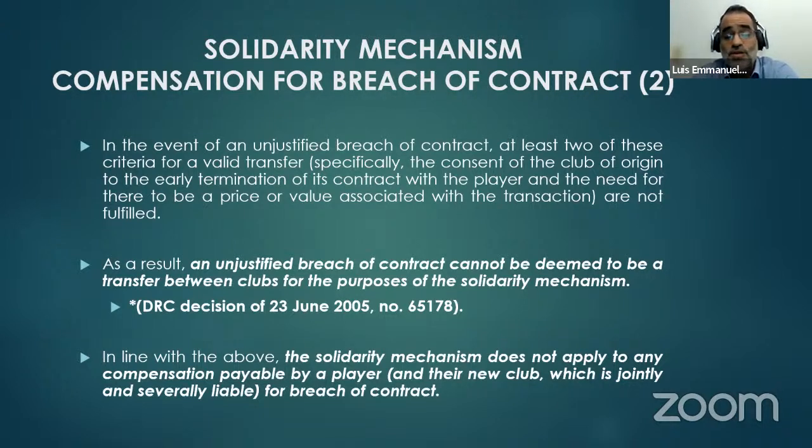So in other words, since there is a breach of contract by the player, no right to solidarity compensation arises. What's different from the scenario where there was a breach of contract and the two clubs agreed on a settlement and an indemnity? That indemnity did give rise to the right to solidarity compensation.